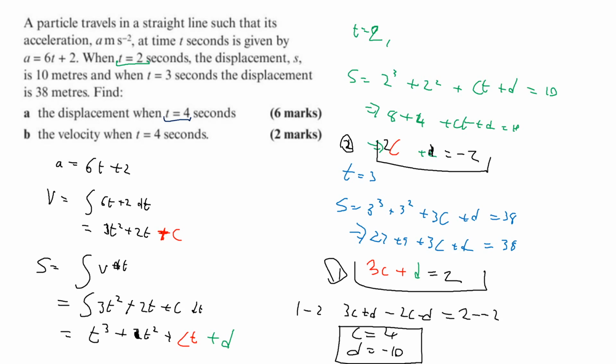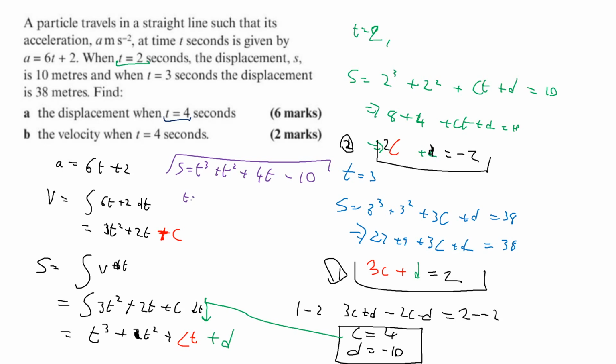So now all we need to do is plug that back into the displacement equation. Let me do this in purple. s is equal to t cubed plus t squared plus 4t minus 10. Okay? That is our function for the displacement.